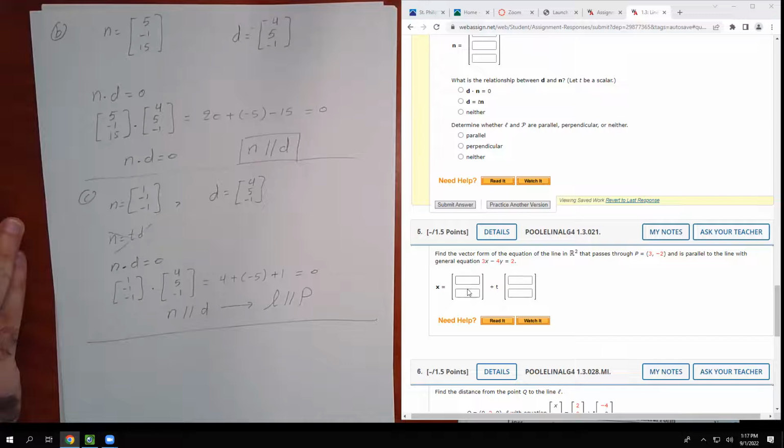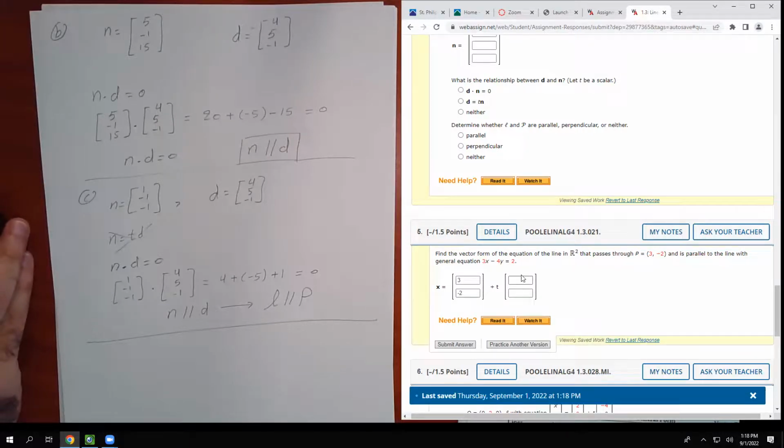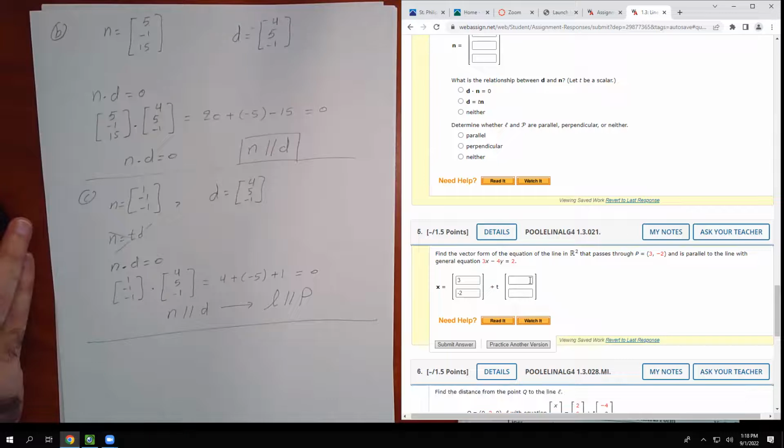Here is going to be P. I already have the P, 3 and -2. So I'm going to write down the P, 3 and -2. But what about the D? For the vector form, we have to write down the D. How am I going to find the D?